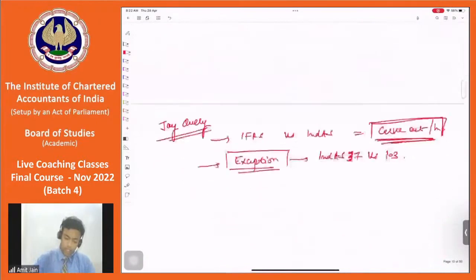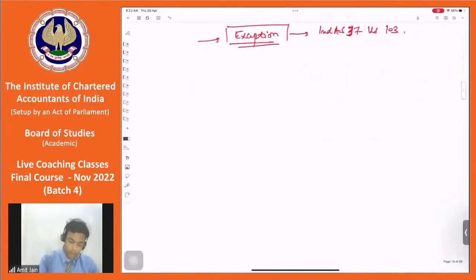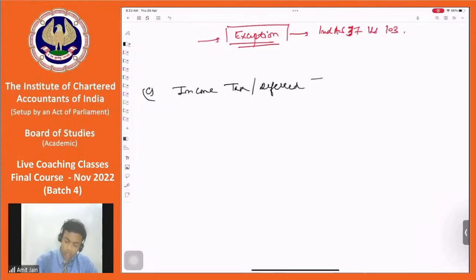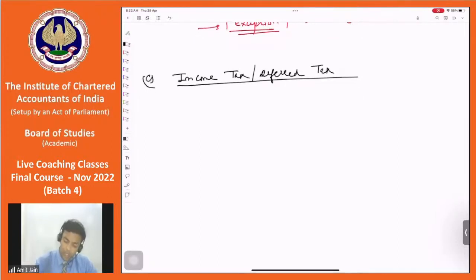Okay, this is B. What is C? C is income tax, or deferred tax. Right? Which standard? Ind AS 12.